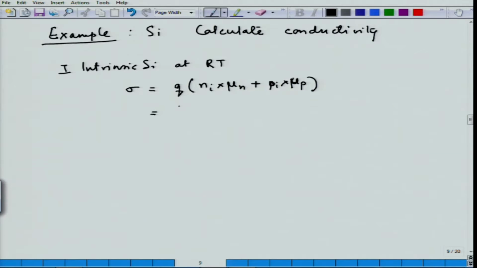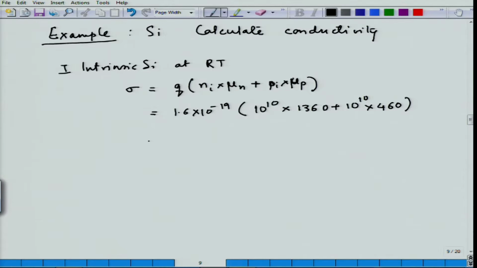Let me write the value of q directly, in coulombs. Ni is taken as 10 to the power 10, and mu n is given as 1360, plus 10 to the power 10, because Ni will be equal to Pi for an intrinsic semiconductor, multiplied by 460.